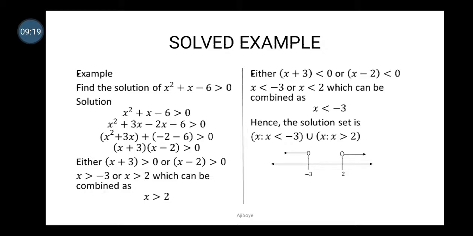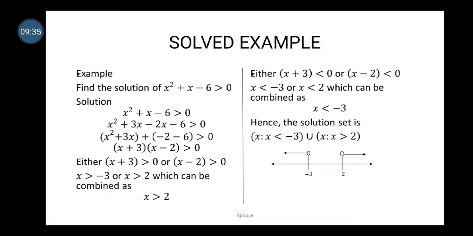So after getting your result, you combine the two, you interpret the two, that is which one best suits. So hence, we now take the union of the two sets in the first case and in the second case.